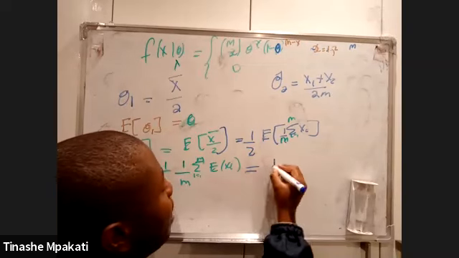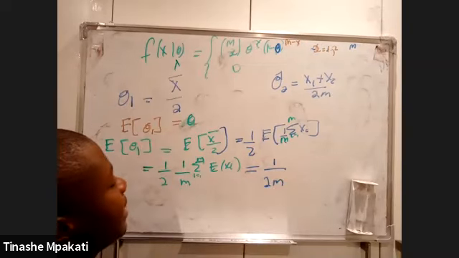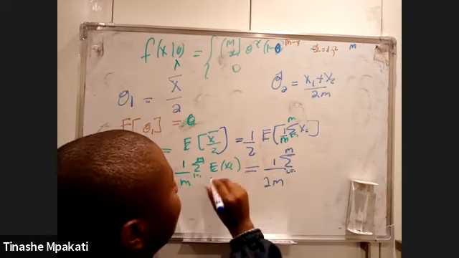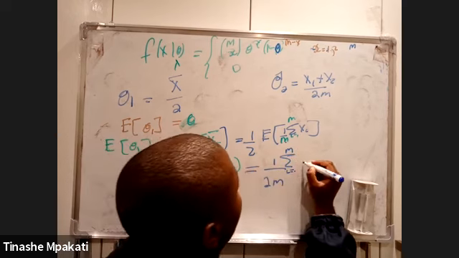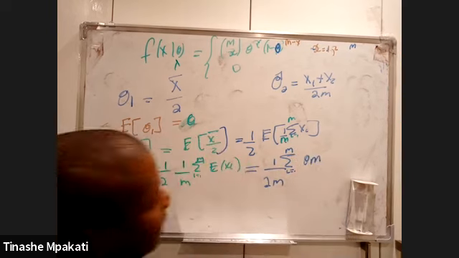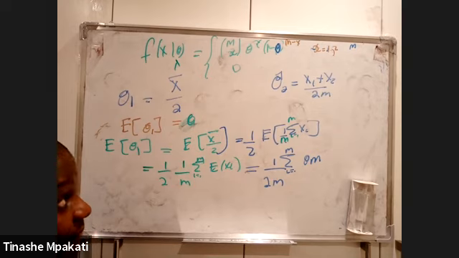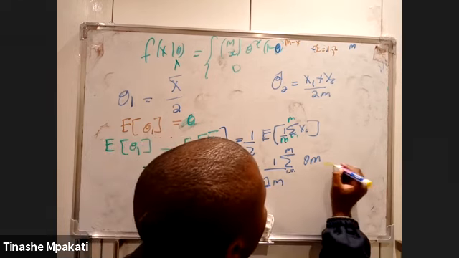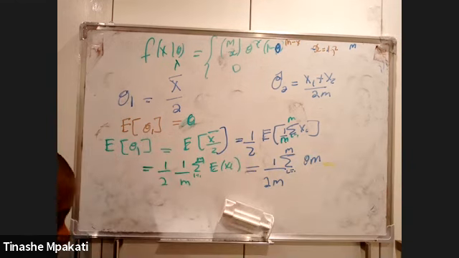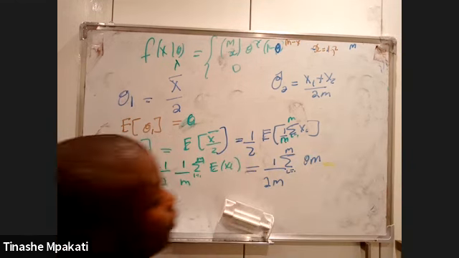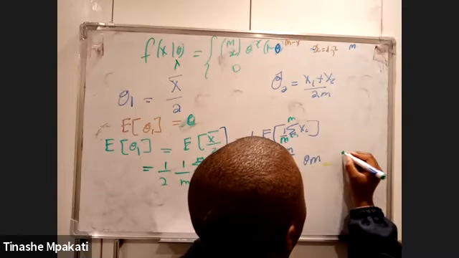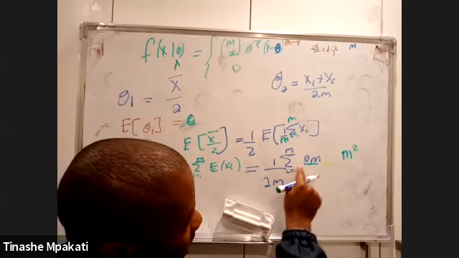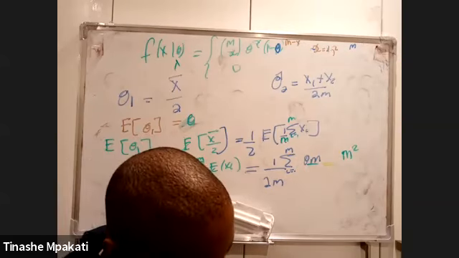So what I would have is 1 over 2m, right? And then the summation from i equal to 1 to m, the expectation, like we're saying, will just be equal to theta m. Then what follows straight up from there is the fact that this will be equal to m squared theta over 2m, because I'm going to be adding this m times.